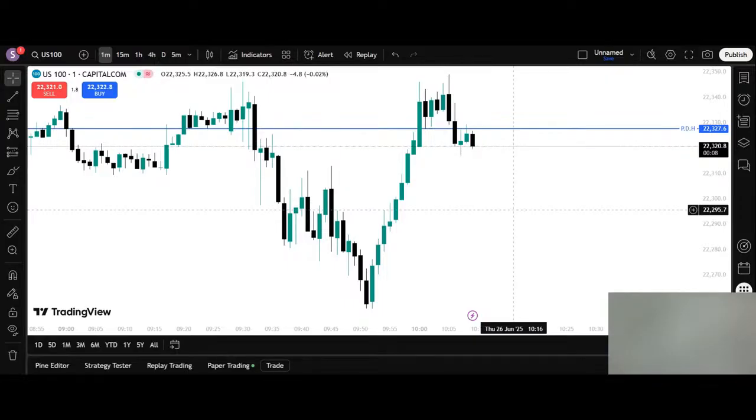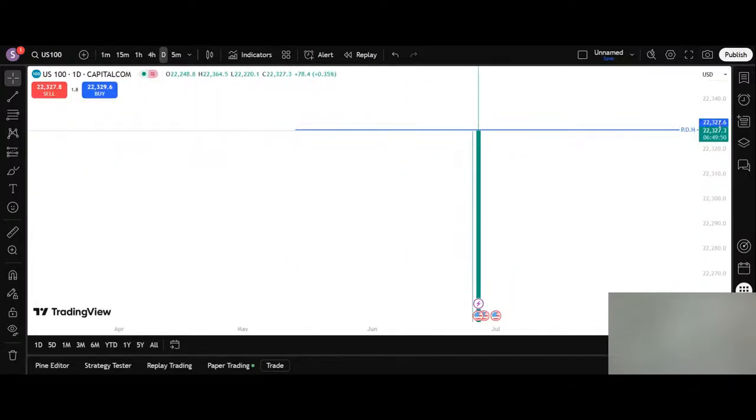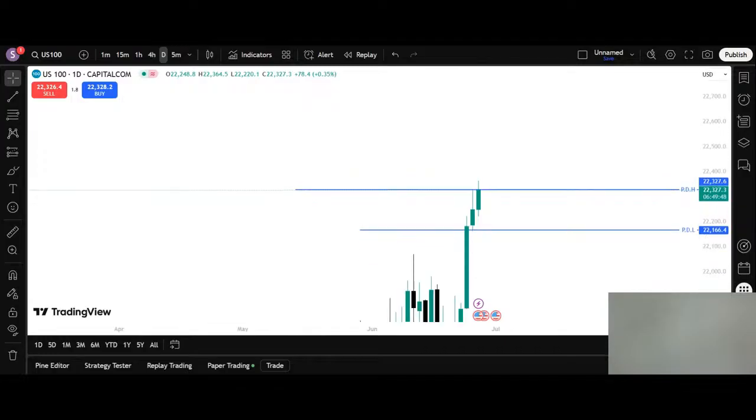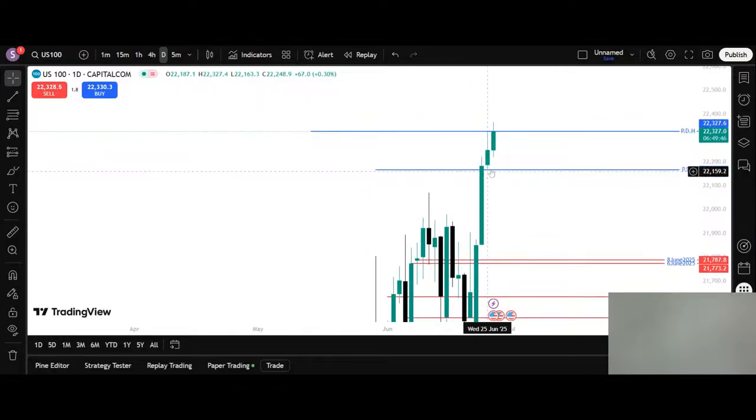I think I'm gonna wait for the 15-minute candle to close and then decide where I'm gonna take a trade. Because to be honest, price has taken a lot of buy side liquidity, and it also has made a bullish FVG that is untapped.